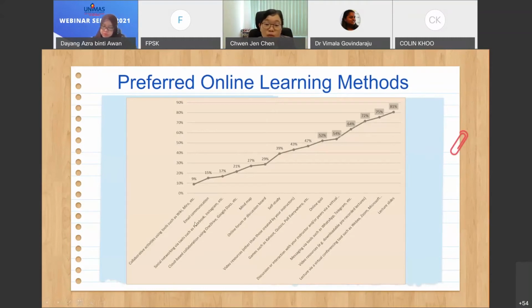Social networking tools, email communication, collaboration via Wiki, via Miro, and things like that. These are examples of the methods listed in the survey, but somehow they were not really chosen by the students, yeah. But that's why I said we have to reflect: is it because we don't use it, therefore they don't choose it, because they never experienced it anyway?